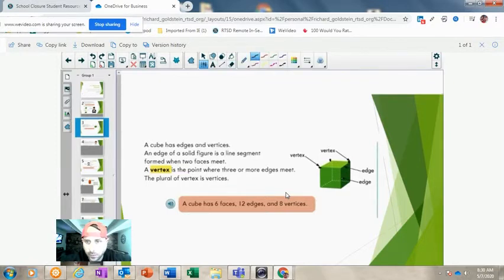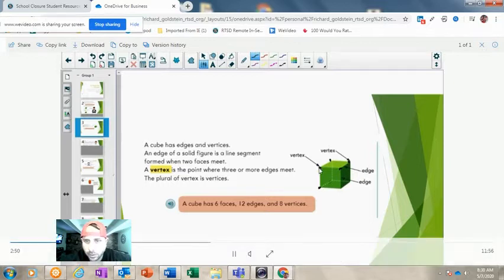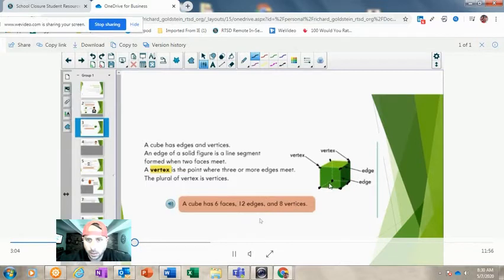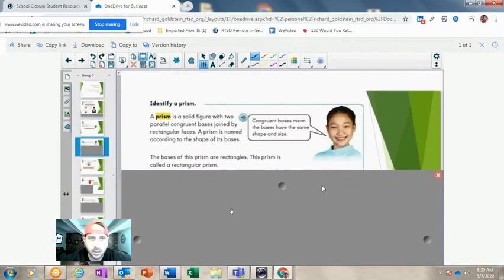Let me count those vertices for you so you can see these little black dots. 1, 2, 3, 4, 5, 6, 7, 8. And again, you can see this little dotted line in here indicates one of the edges.